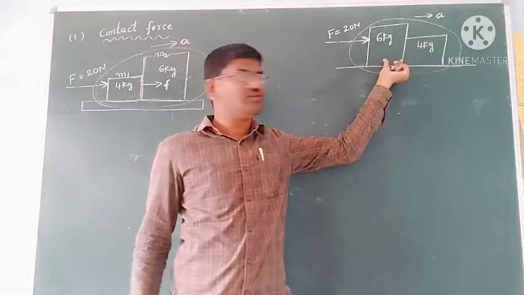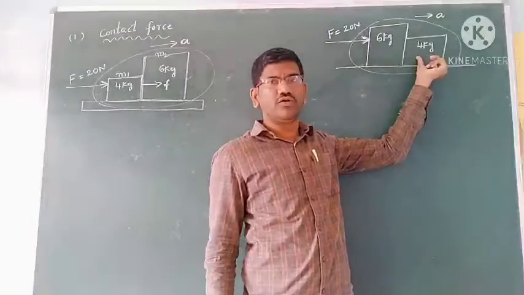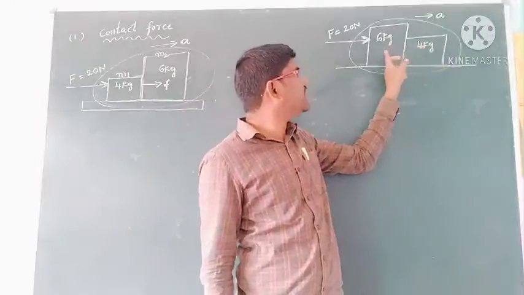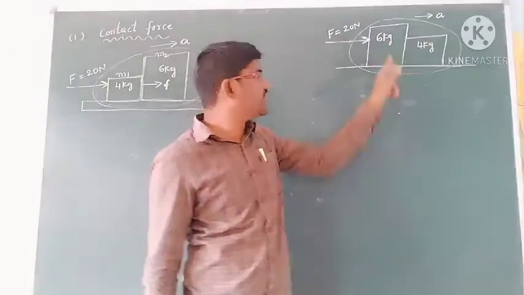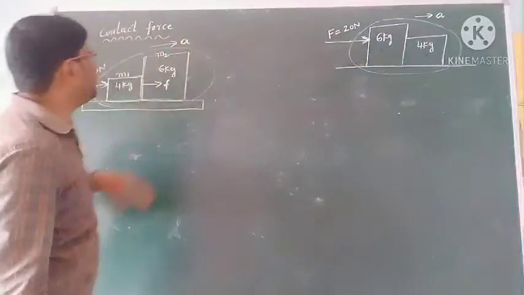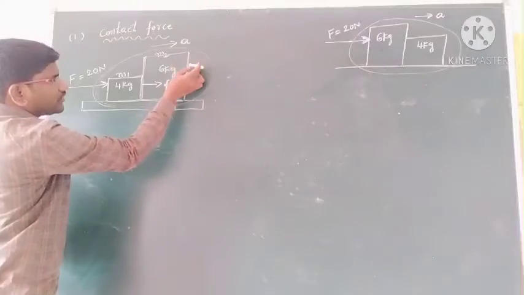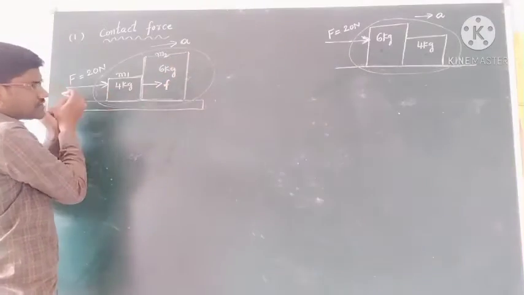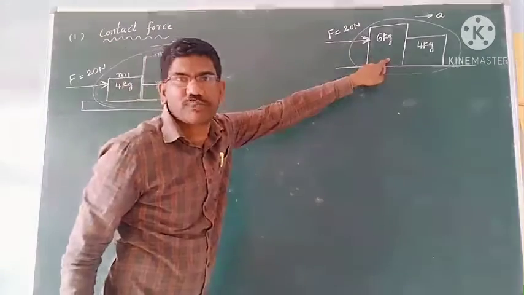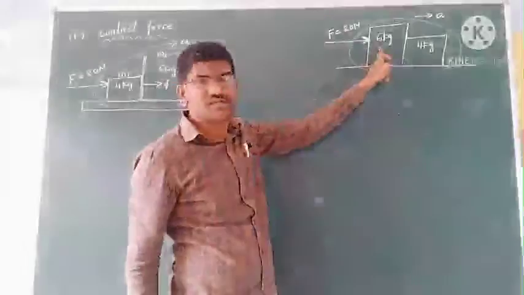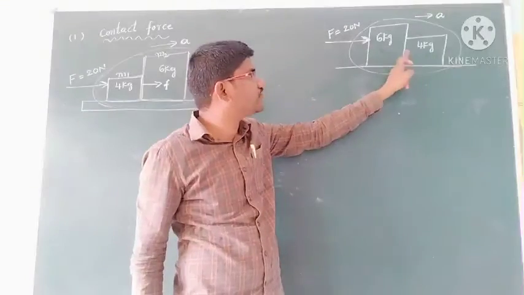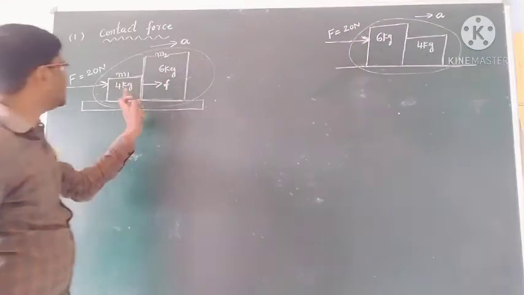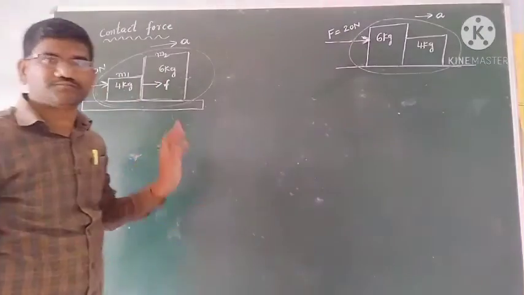Okay, students, we are not applying any force on the 4 kilogram, but the 4 kilogram is pushed by the 6. So here force is applied on the heavier block. You are pushing the 6 kilogram, and 6 kilogram is pushing 4 kilogram in this situation. See students, force is on 6 kilogram. Then here the contact force will be different, and here the contact force will be different.